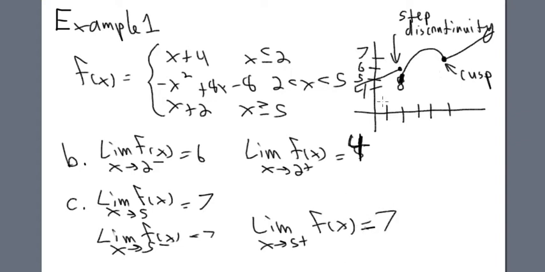So the cusp is in the same spot, so our limit is the same thing as the left and the right limits. So the one-sided limits in this kind of case are equal to the main limit. That is a special case. In a step discontinuity, it's not. In a cusp, it is. There's other situations where it may or may not be true as well. So let's go ahead and look at some problems out of the problem set for this section.